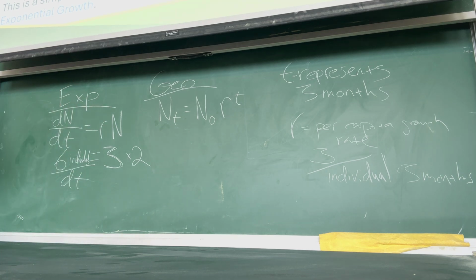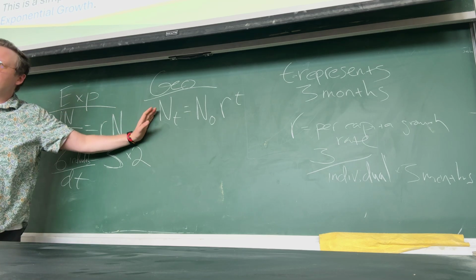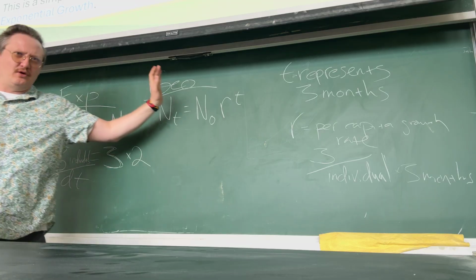So defining t is the complicated part in actually utilizing these equations, but this is giving us a rate of population change rather than a predicted number of individuals at a given future point.